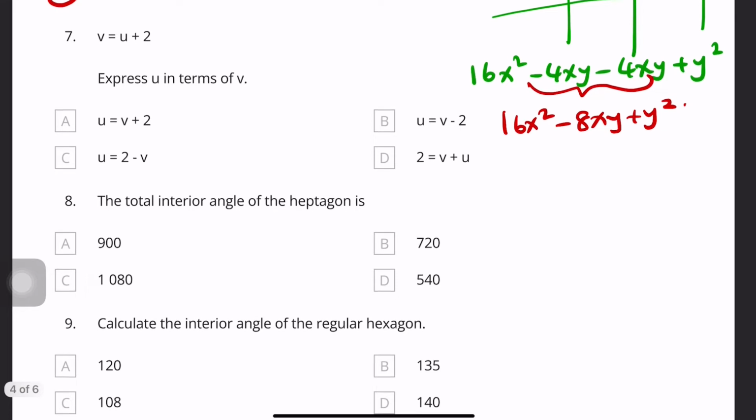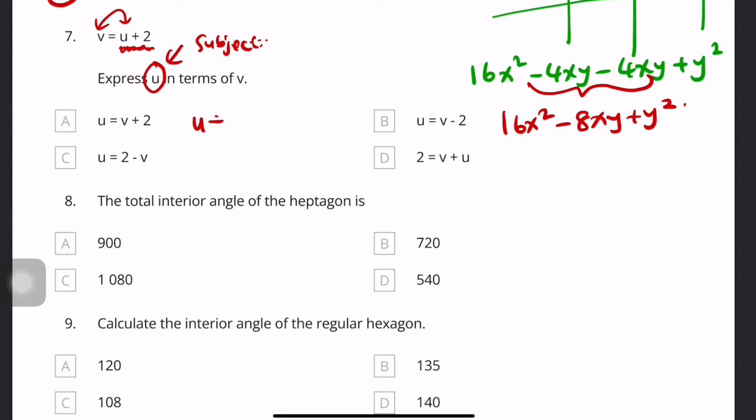Express u in terms of v. For this type of question, if the question asks you to put u as the subject of the equation, you need to make sure the part that has u is on the left side. So I just change the location of these two things.